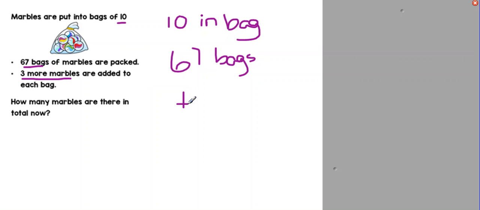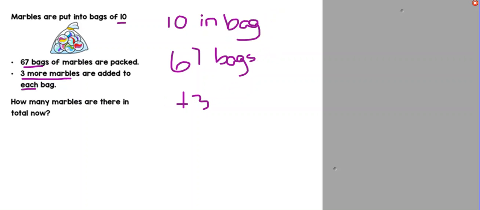You've got to plus 3 to each bag. How many marbles are there in total now? So you've got 10 in a bag, you've got 67 bags, and 3 are added to each bag. Every single bag has 3 more added into it.